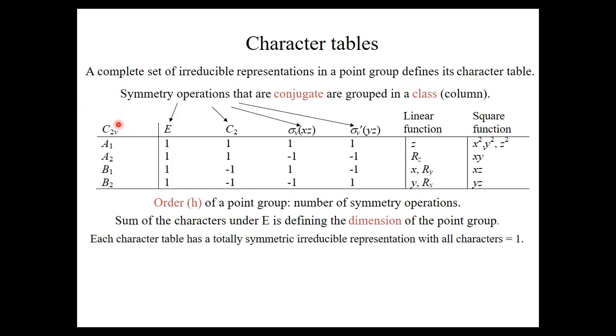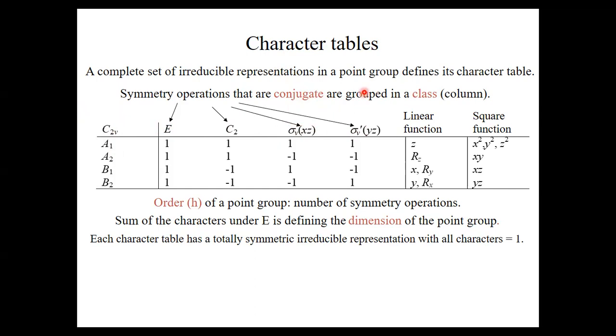Okay, and then right to that, you see here the different symmetry operations in different columns, also called classes, which are non-conjugate. Okay, so symmetry operations that are conjugate are grouped in the same column.